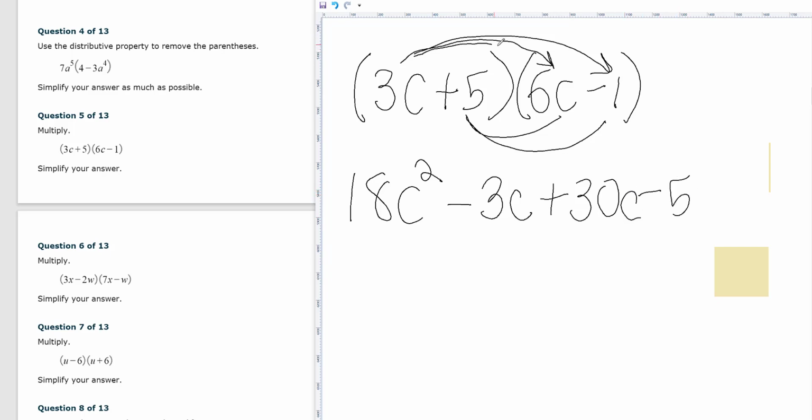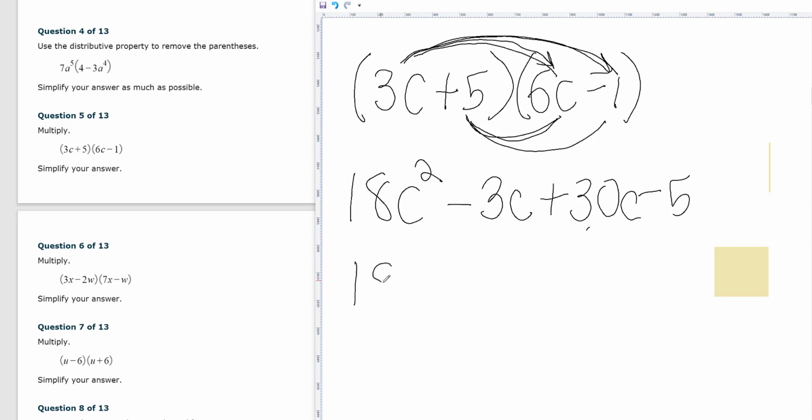So the first two, 18c squared, the outer two, minus 3c, the inner two, 30c, and the last two, minus 5. So I double distributed.